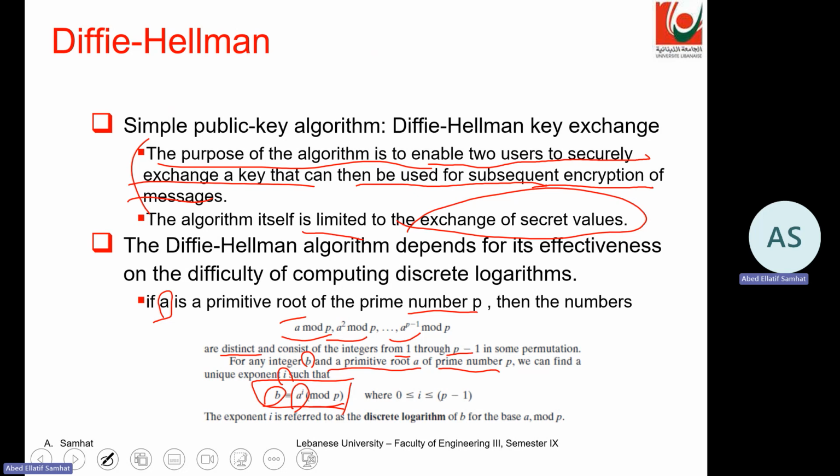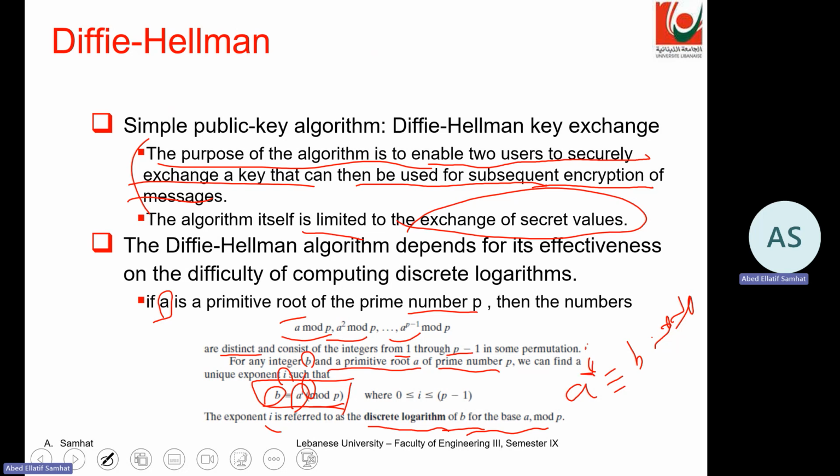Based on that, we say that the exponent i is referred to as the discrete logarithm of b for the base a mod p. It's like the exponential log, but here we specify that we work with the discrete logarithm. So a to the power i is b mod p, given that a is a primitive root of prime number p, and b is an integer.